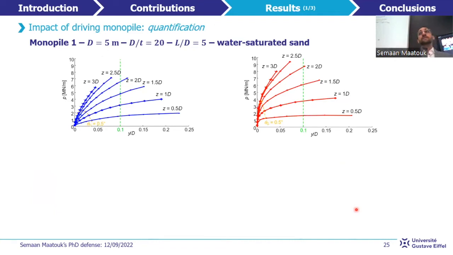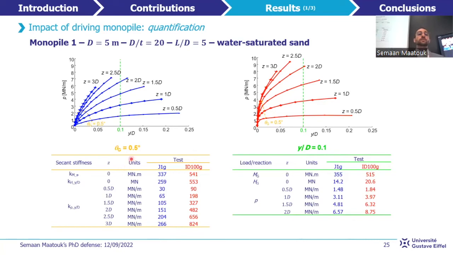The results are quantified based on two different criteria. The first one, theta g equal to 0.5 degree, is close to the service limit state of a typical offshore wind turbine. And the second one, Y equals 0.1 D, represents the ultimate limit state for large displacement amplitudes.